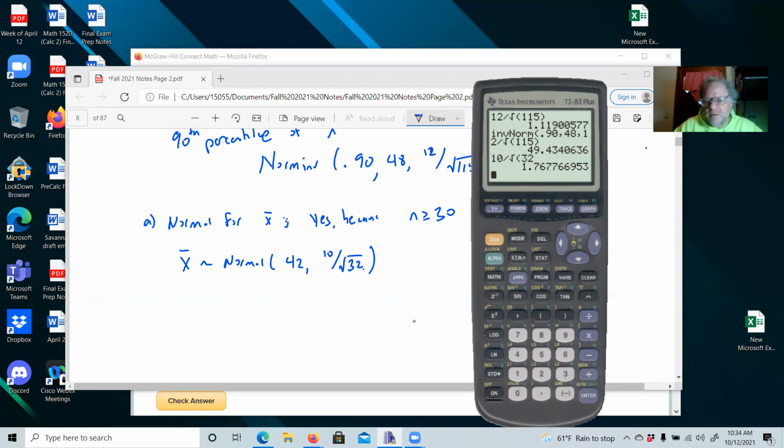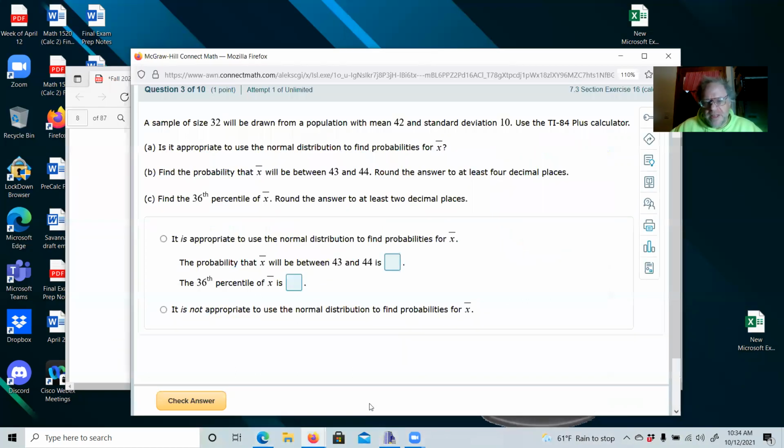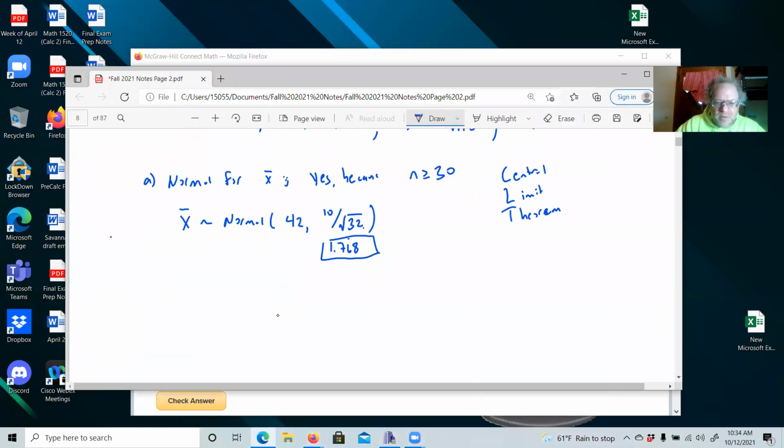So if you wanted to write in 1.77 or 1.768, that would be okay here. But let me show you the probability between 43 and 44. So we want the probability 43 < x bar < 44. What's that going to look like?